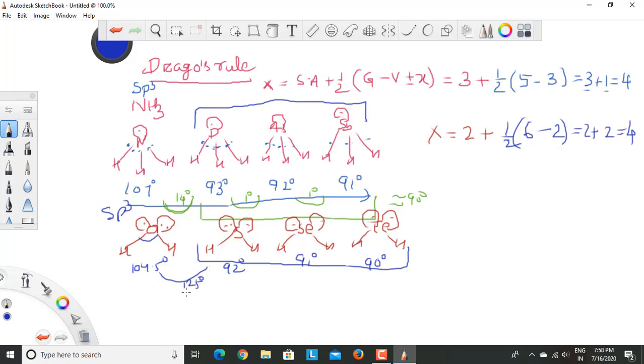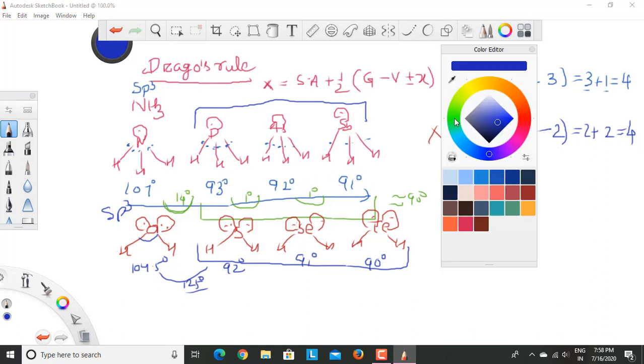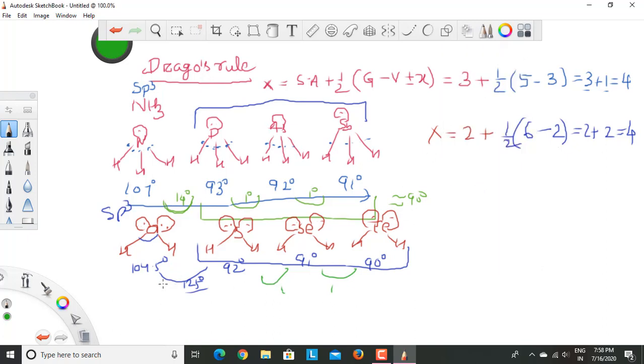The change in bond angle is very high. Now in the next cases, the change in bond angle is 1 degree, here also 1 degree. So the change in bond angle is not much after H2S. All these bond angles are close to 90 degrees.